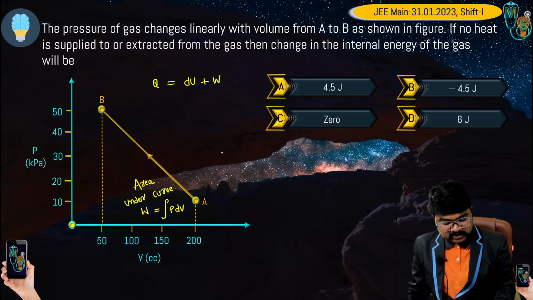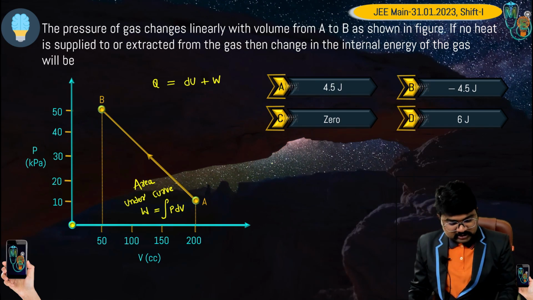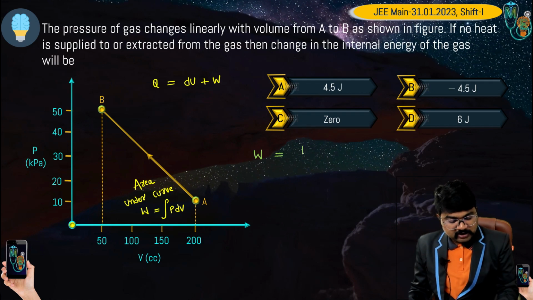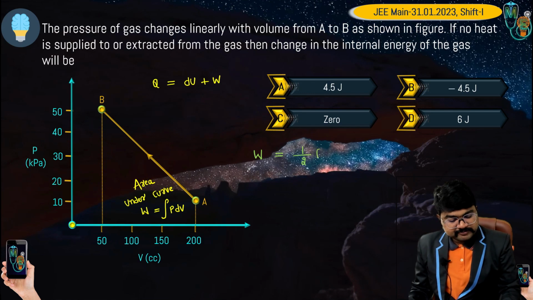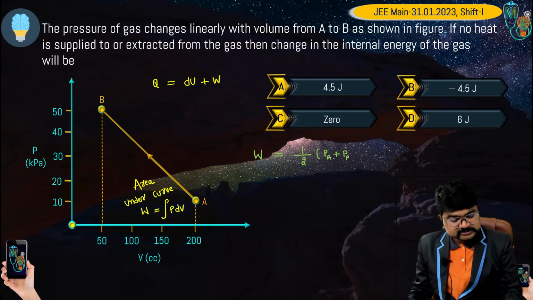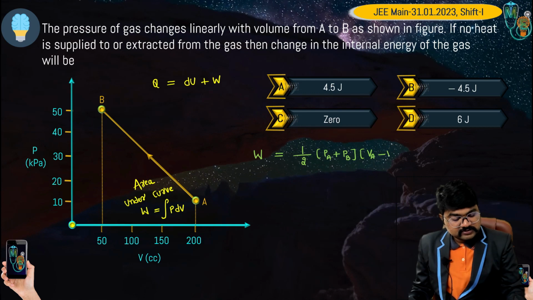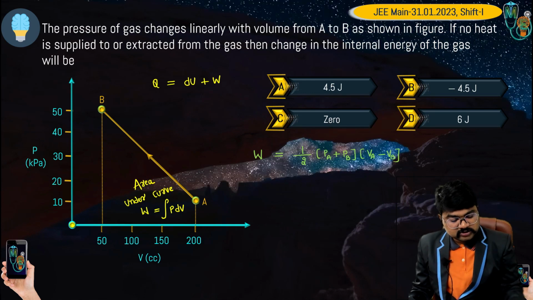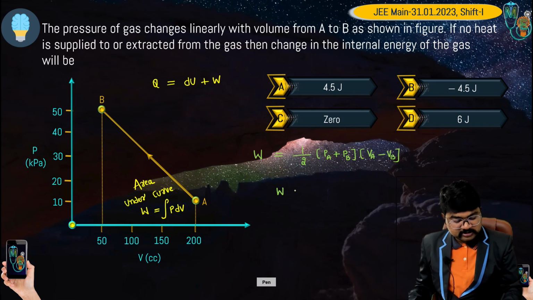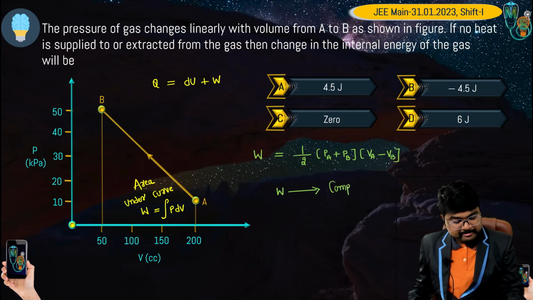Work done, what expression did you get? You calculated the areas. We got PA plus PB into VA minus VB. It's a compression work, and compression work is assumed to be negative.